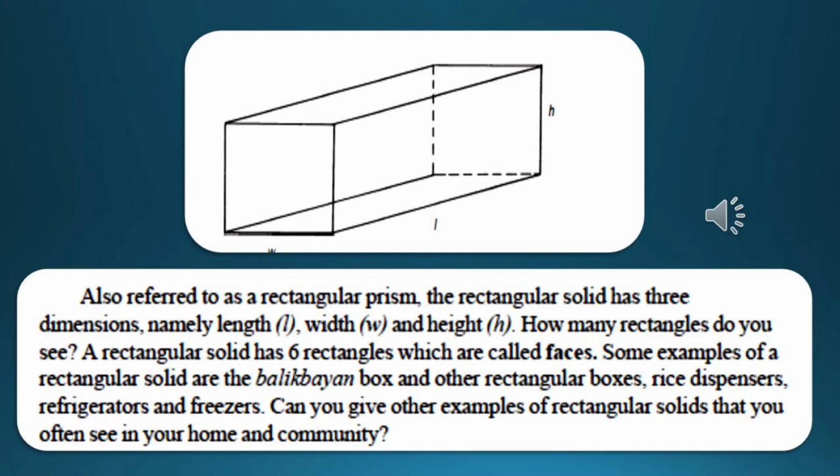How many rectangles do you see? A rectangular solid has 6 rectangles which are called faces. Some examples of rectangular solids are the balikbayan box and other rectangular boxes, such as rice dispensers, refrigerators, and freezers. Can you give other examples of rectangular solids that you often see in your home and community?